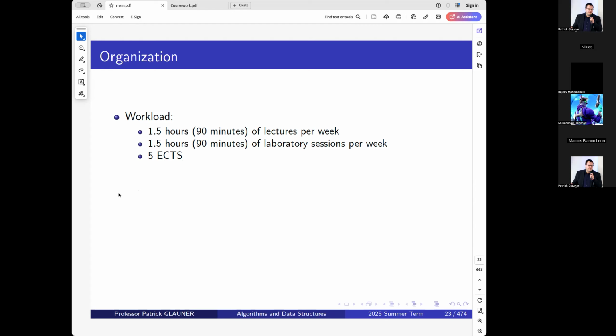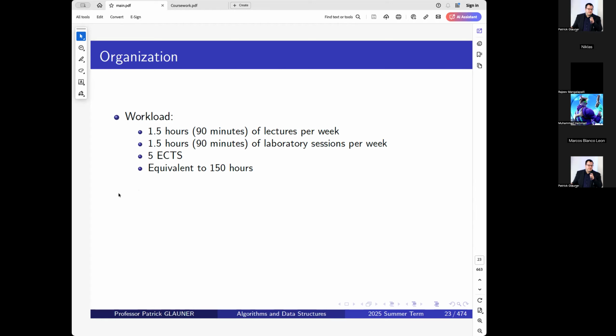And 1 credit point is an expected workload of 30 hours during the semester. Now, this course carries 5 ECTS, so the expected workload for this course is something like 150 hours. Some students work more, some students work less, I know that, but this is the expected workload. Now, a term is 15 weeks usually.